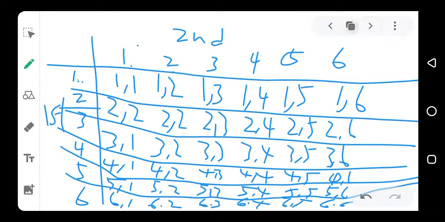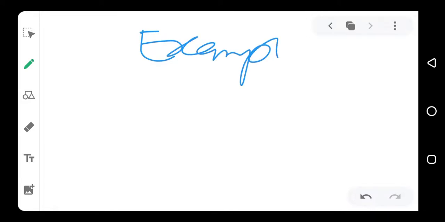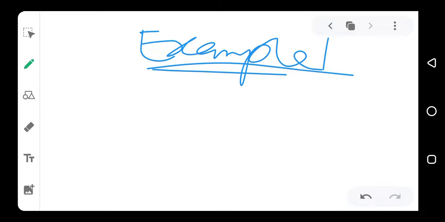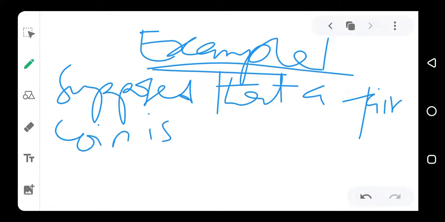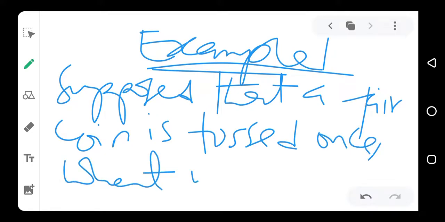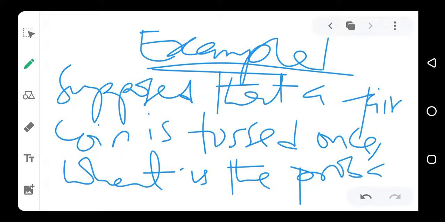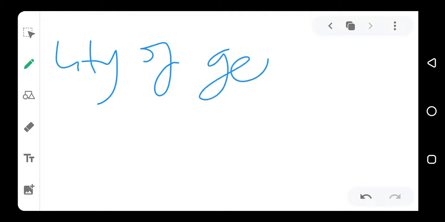Now for instance, example 1. Suppose that a fake coin is tossed once, what is the probability of getting one head?